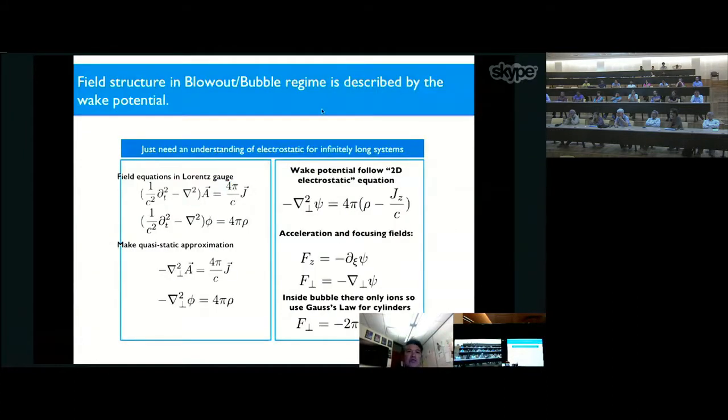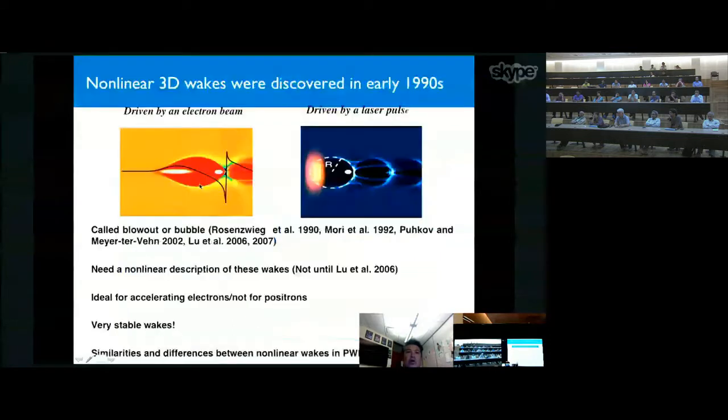So the field structure in the nonlinear blowout regime is best described by the pseudo-wake potential. So the pseudo-wake potential not only describes how a relativistic electron behaves in it, it also is useful for trying to explain how this wake is formed. Or in particular, we realized you want to describe the dynamics of electrons inside of this sheath. Okay.